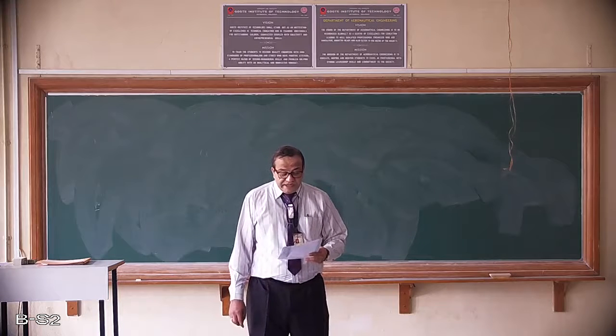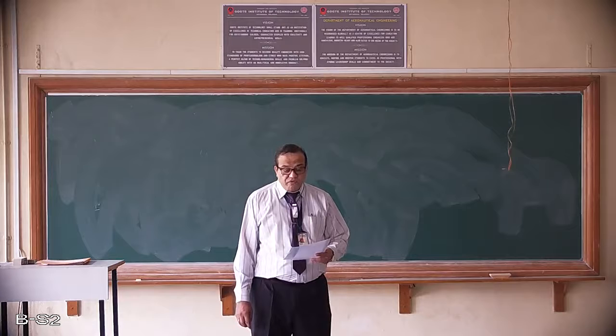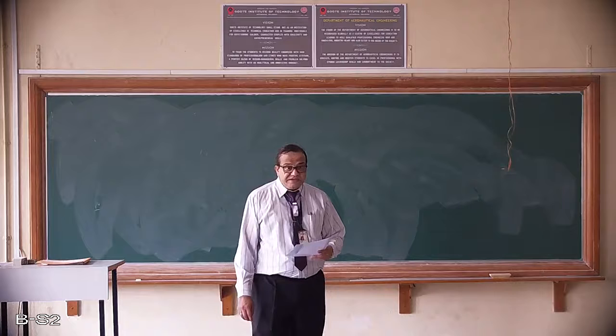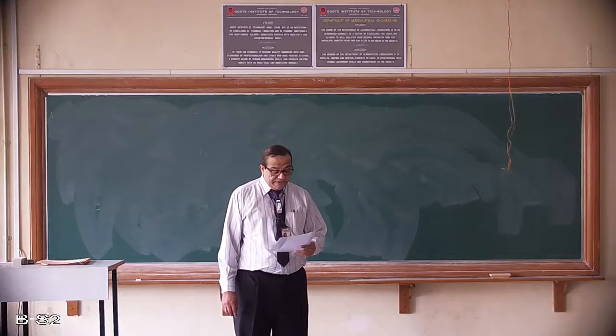Assuming that the law of compression is PV to the power of 1.35 is equal to constant and the clearance is negligible, calculate the indicated power.